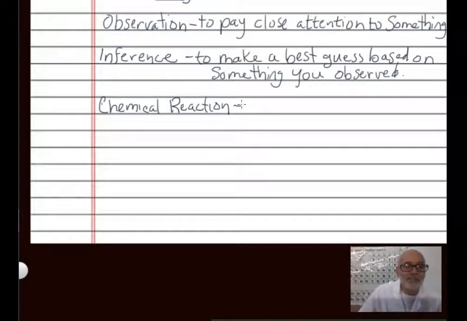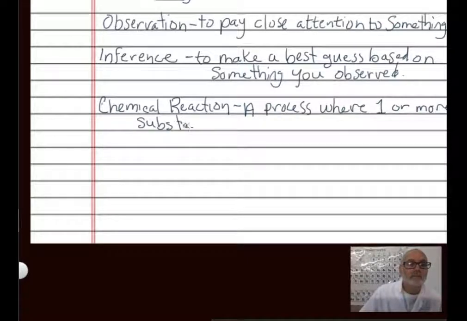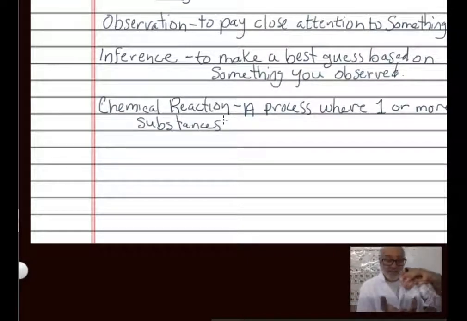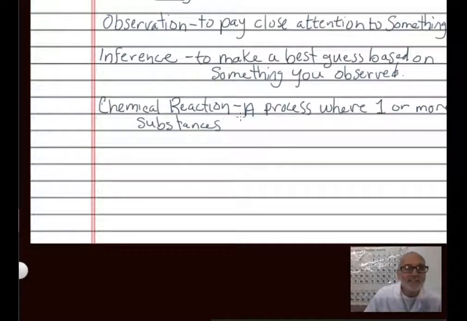Basically, a chemical reaction is a process where one or more substances change into different substances. A substance is just a pile of stuff, or if it's liquid, it's a pool of stuff.